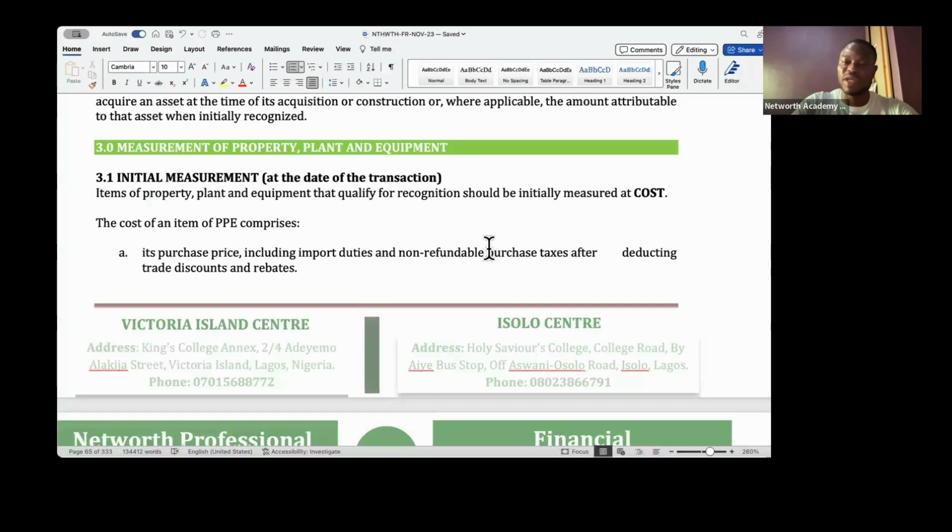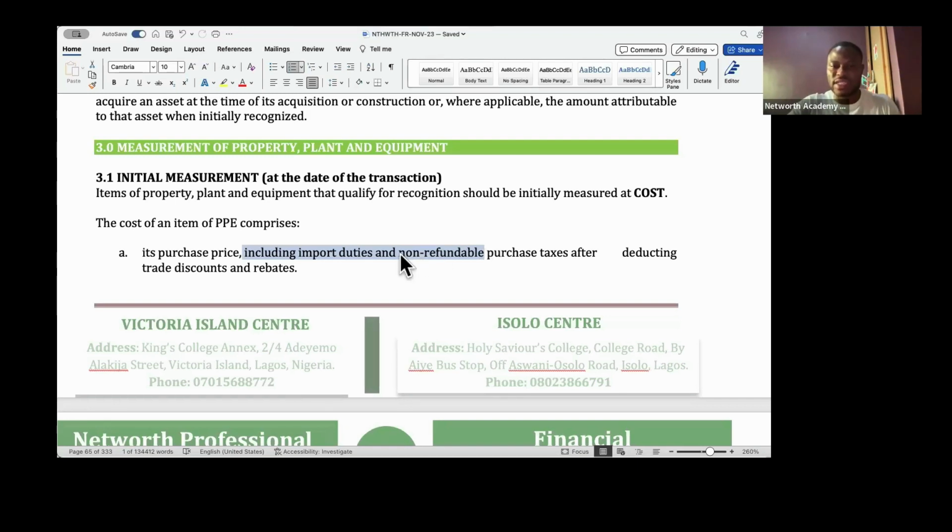So when you pay tax on purchases, there are certain ones that become refundable, especially where you have to resell. Those types of VAT, you don't capitalize them, you probably expense them. The one you capitalize here must be non-refundable. Since PPE is held for use, you don't expect to sell it, so you don't expect to find yourself claiming the VAT you've suffered.